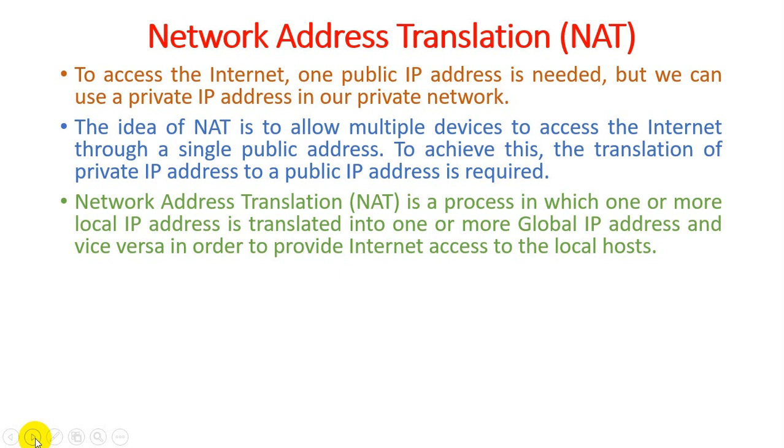Second time I will just revise. If you are accessing the internet in lab number 1, there are 25 systems. In all the systems, Google should be open. But for this, we require 25 private IP addresses. All the IP addresses send their requests to a particular switch or router.